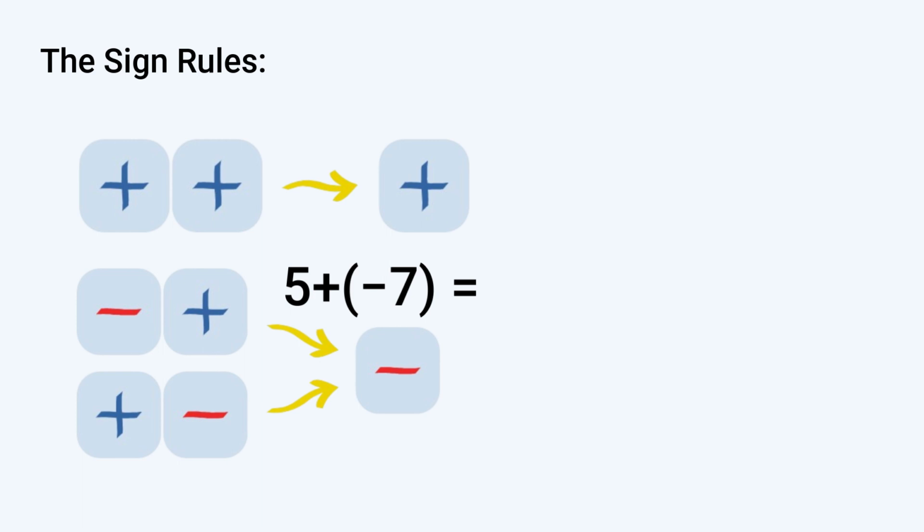So the plus sign dissolves, because plus times minus equals minus, and that is 5 minus 7. On the number line, you identify 5, and then you count 7 less: 1, 2, 3, 4, 5, 6, and 7, and that gives you negative 2.